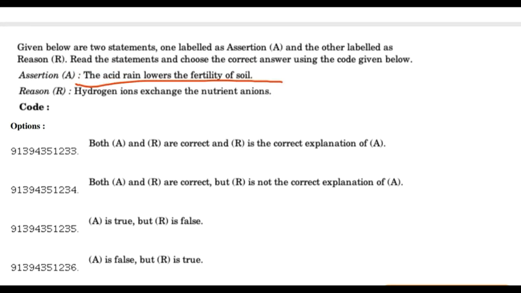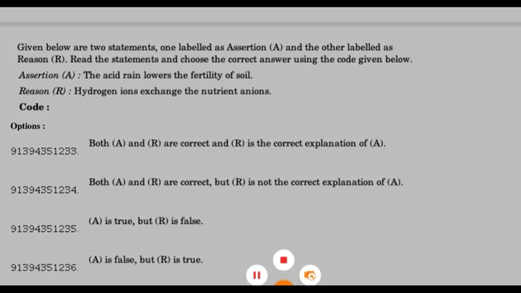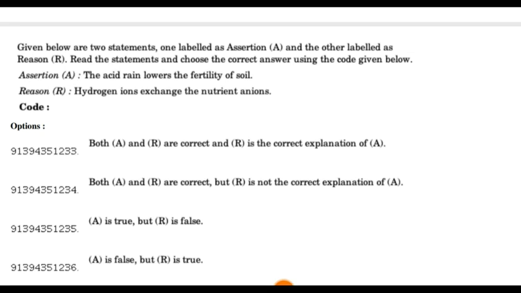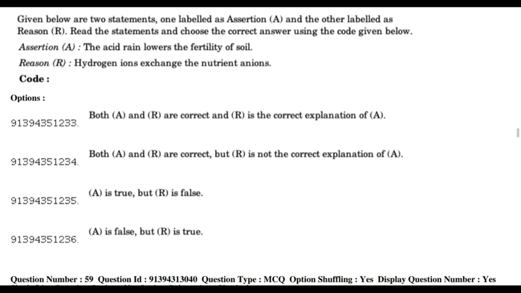So here the right answer is A true but R is false. This one is the right answer.